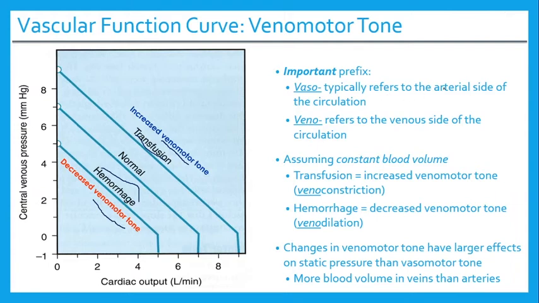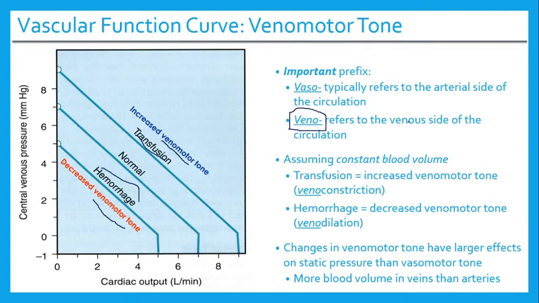Typically, when we say that, it refers to the arterial side of circulation, although vaso is going to be the prefix for vessel. However, most of the time when we talked about vasoconstriction and vasodilation, we were talking about the arterioles, the resistance vessels. However, veno is going to be specifically for the venous side of the circulation.